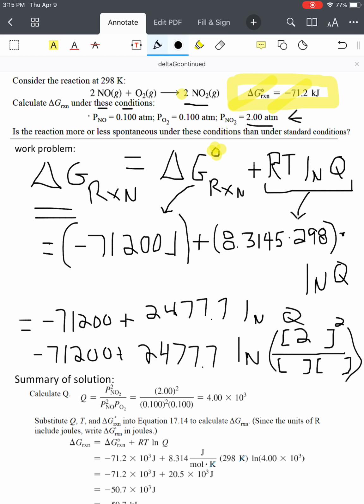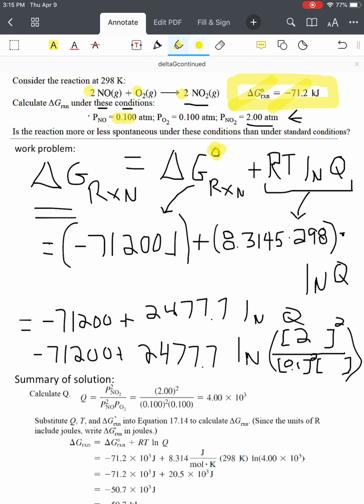My first reactant is NO. I've got 2 copies of it in my balanced chemical equation, so I'm going to have to square the term with respect to it. And since my initial non-standard condition concentration, or partial pressure of NO is 0.1, I'm going to have to square 0.1 atmospheres.